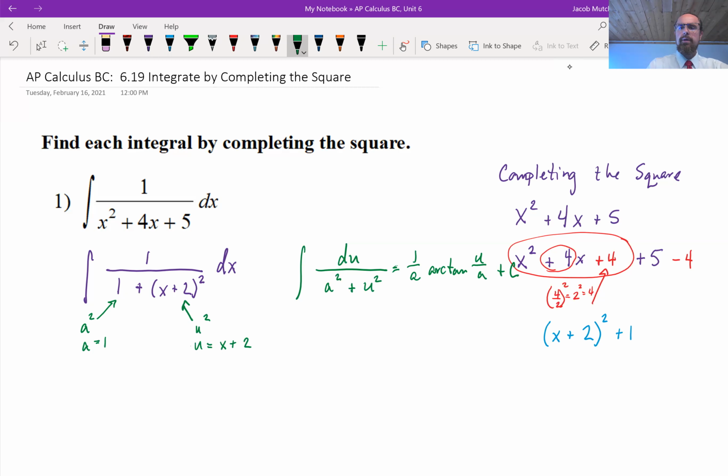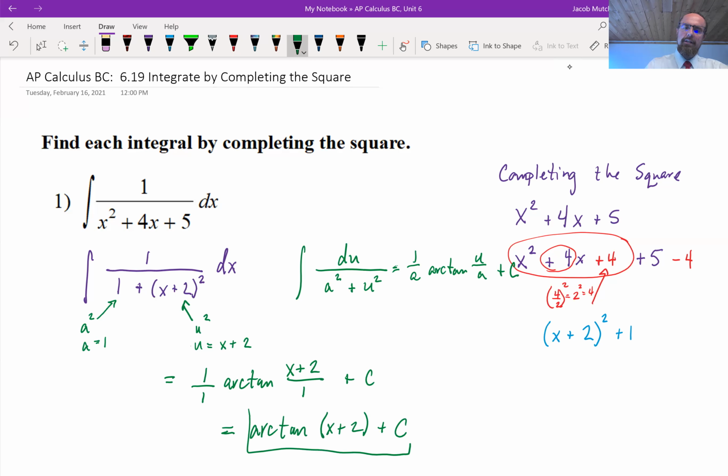And this gives me a way that I can really quickly evaluate this integral. This is now 1 over a, which is 1, times arctangent or inverse tangent of u, which is x plus 2, over the 1, plus c. And just to clean that up, that's simplified to arctangent of x plus 2 plus c.